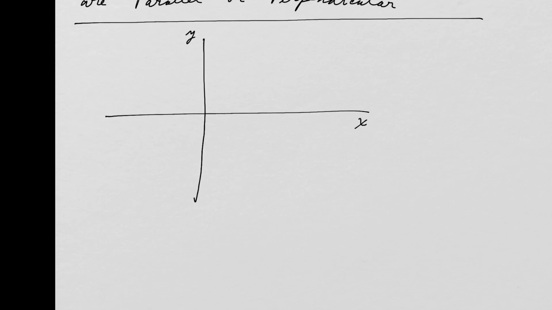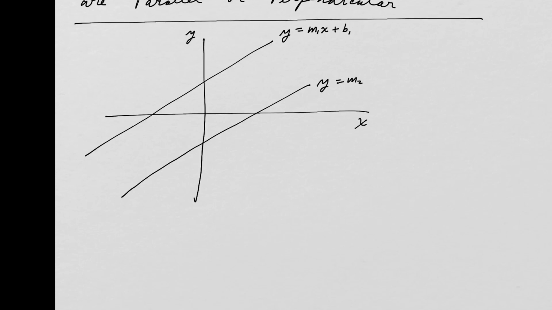Okay, so let's say I have these two lines. Draw my Cartesian coordinate system here. So x, y. Let's say they look like this. So this first line, say, has the equation y equals m1x plus b1. And the second one is y equals m2x plus b2.